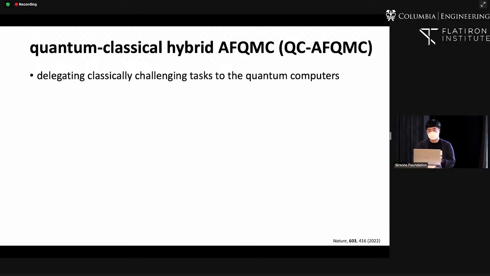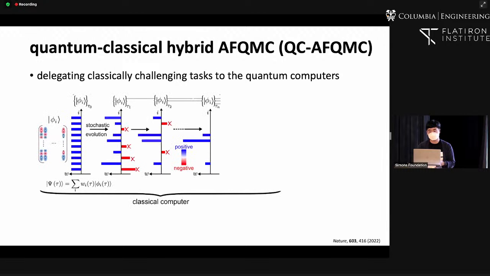So this really brings us to a new type of hybrid algorithm that is known as quantum classical hybrid AFQMC, or QC-AFQMC. I will focus on AFQMC, but it really applies to any type of projector Monte Carlo as well. Just to give you some sense in a pictorial way, we launch a quantum Monte Carlo calculation with a bunch of statistical sample wave functions, with all weights initiated to be carrying the same sign.